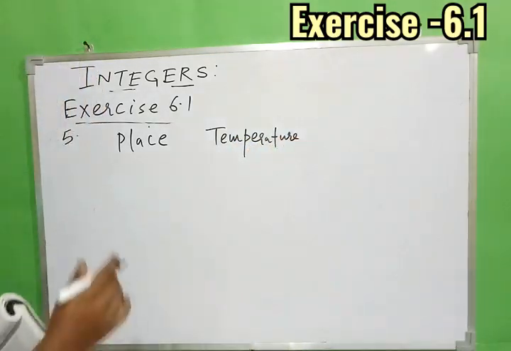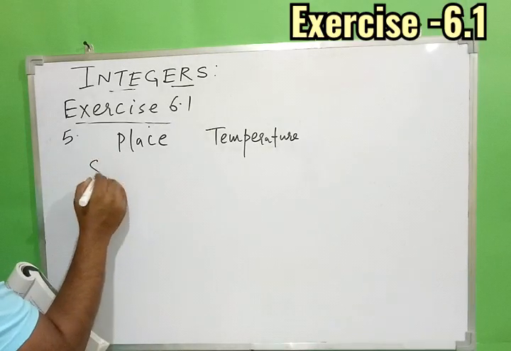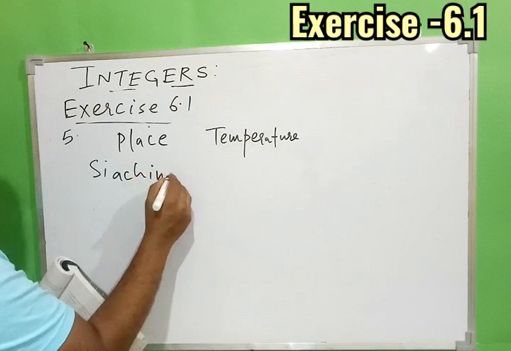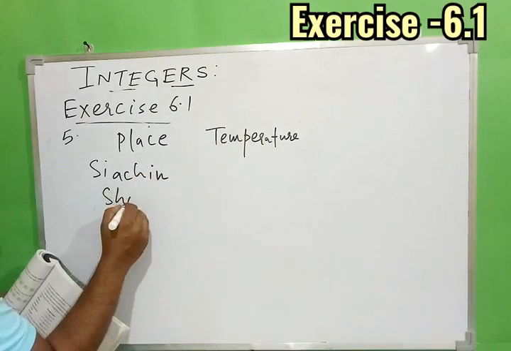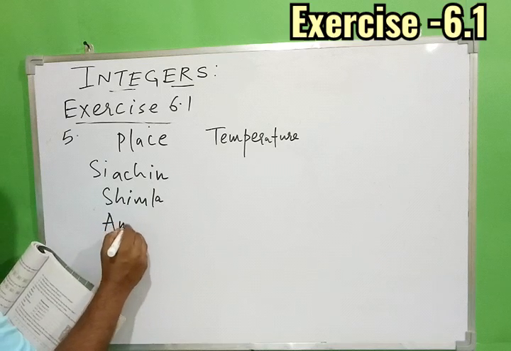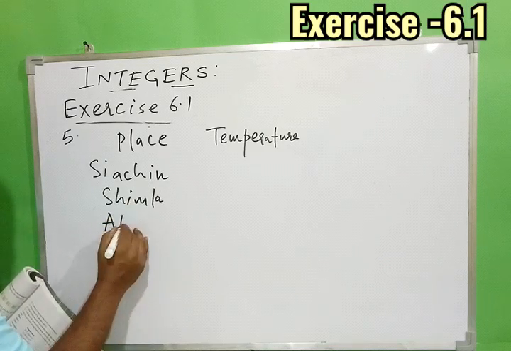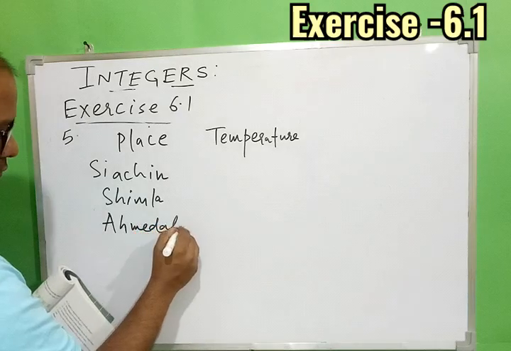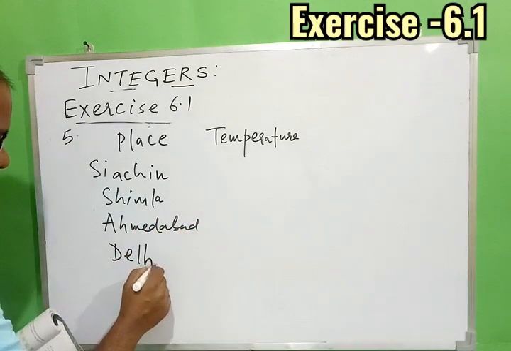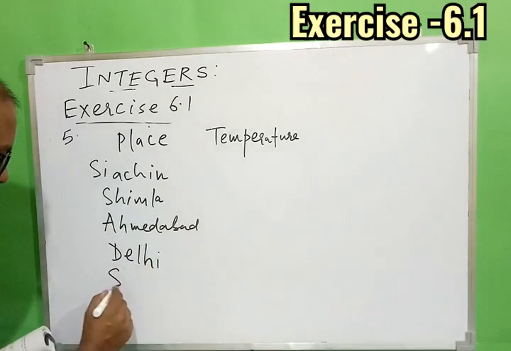Now the names of the states we have: 1, then second, then third, then fourth, and the last one.